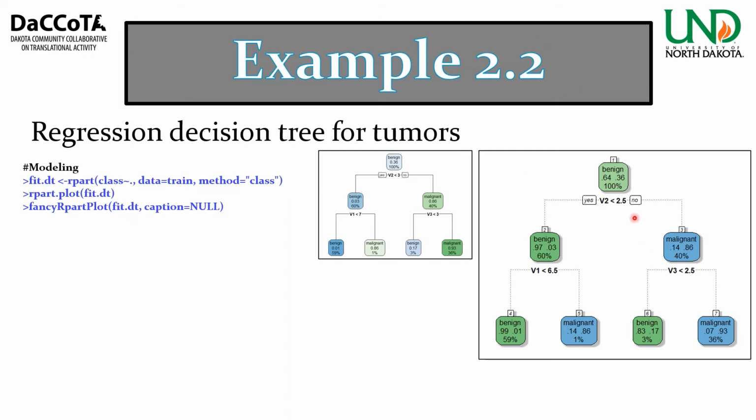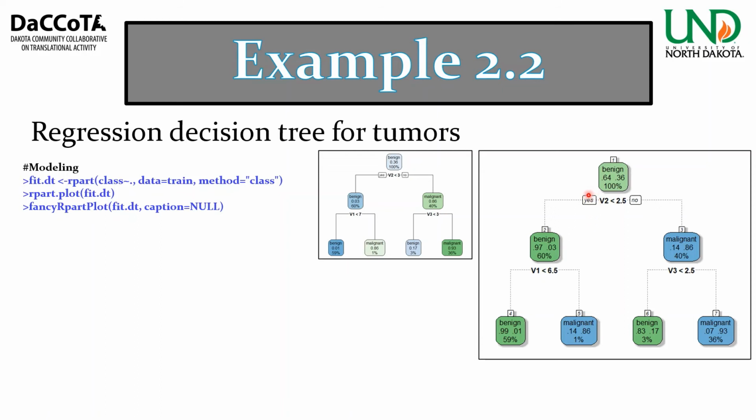First thing to note, looks like variable 2, 1, and 3 were the most useful in diagnosing between benign and malignant. The decimals in the second row kind of show the split between benign and malignant.